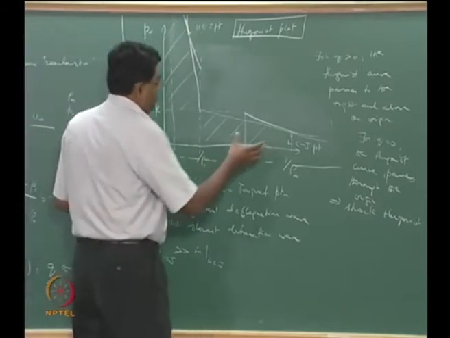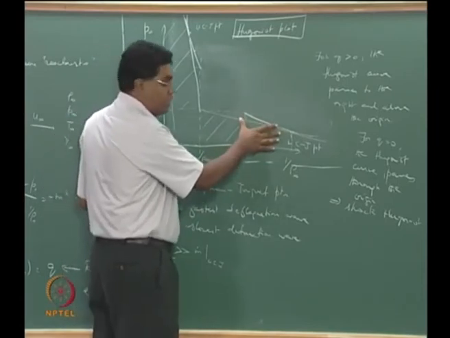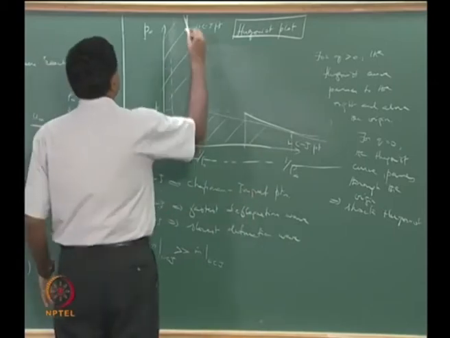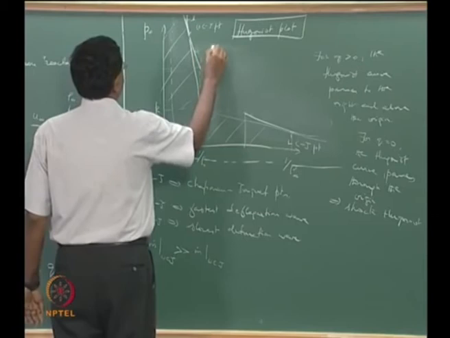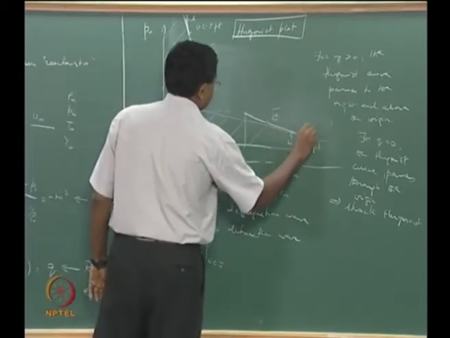You can divide the lower branch as something that is to the left of LCJ and something to the right of LCJ. So let us now call this region 1, this is region 2, this is region 3, and this is region 4.